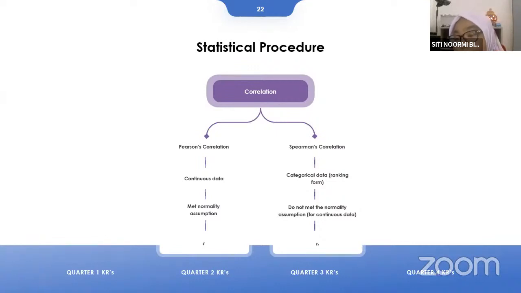It is in ranking form. Or you can also use a Spearman rank order correlation if you have continuous data, interval or ratio, but the data do not meet the assumption of normality. So then you may prefer to use this one.